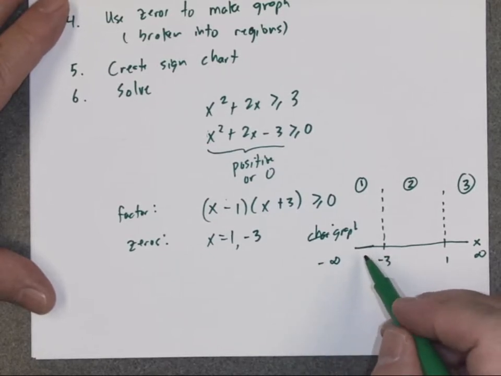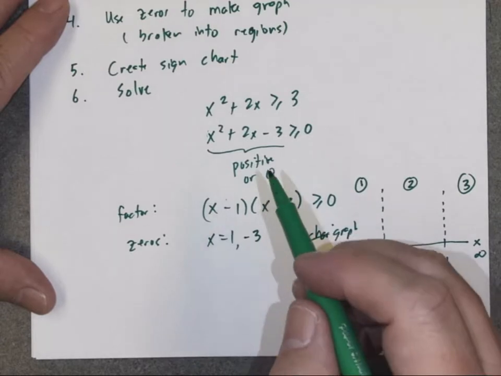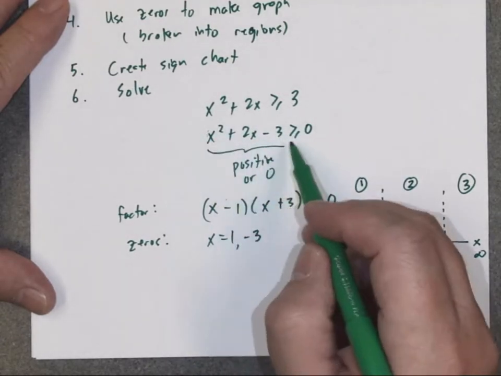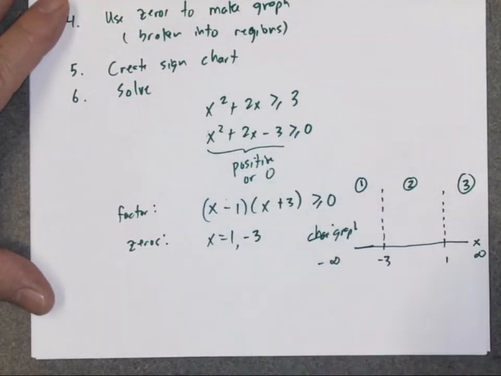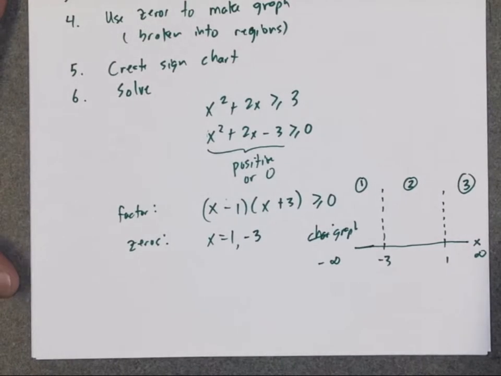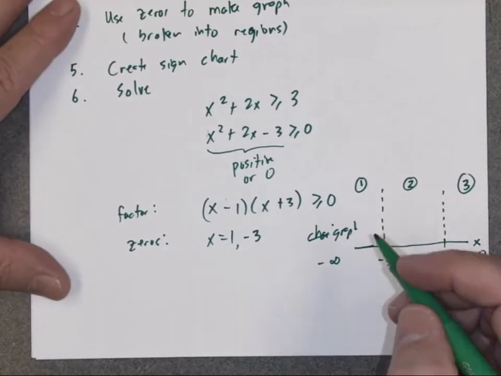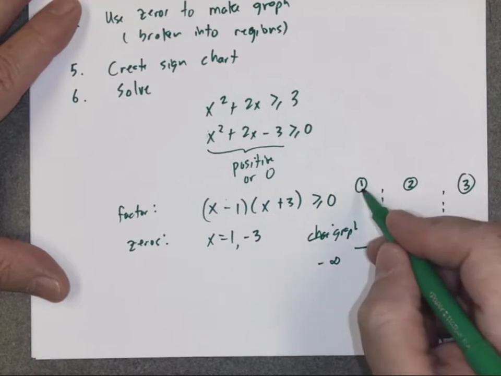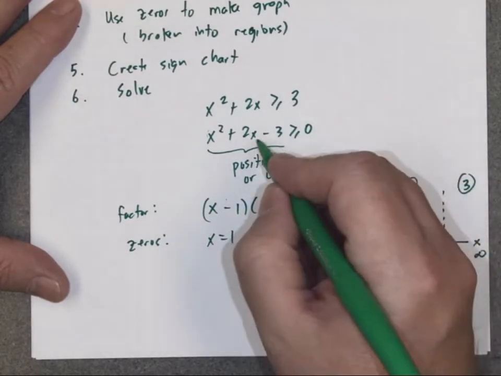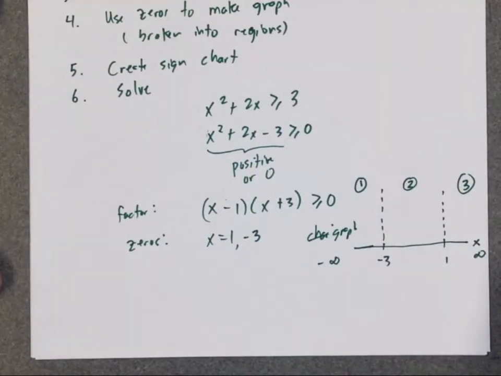If I put any one of those values of x into my expression, it's always going to be the same sign. It's either always positive or always negative. At this point, I don't know which it is. All I know is that every value of x in region 1, if I plug it into my expression here, is going to be the same sign.